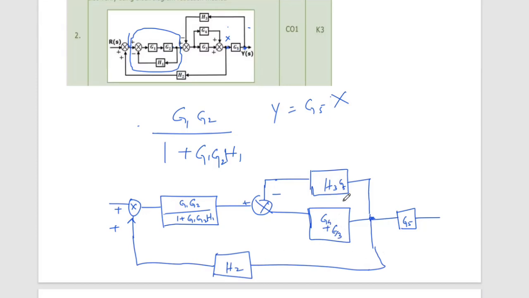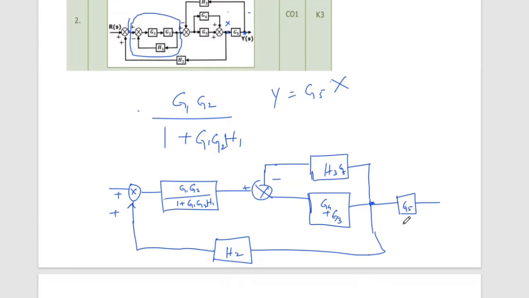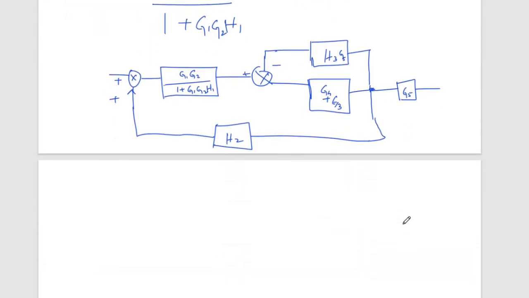Now these two can be combined and you can make it one block, and this block will be cascaded. Then you have a positive feedback, so it is G by 1 minus GH. Then you multiply it by G5. Understood? There is a positive feedback here.